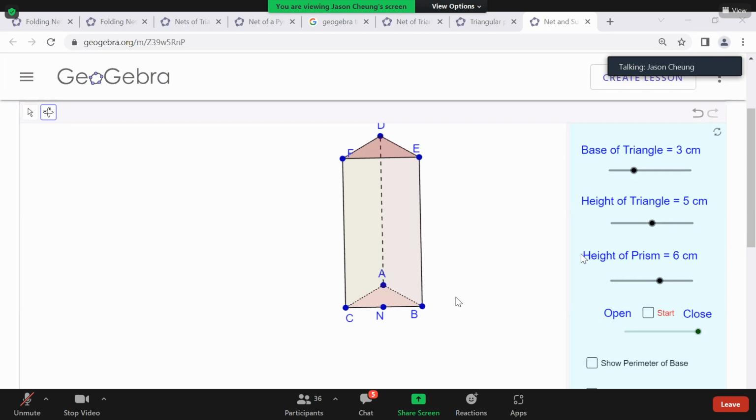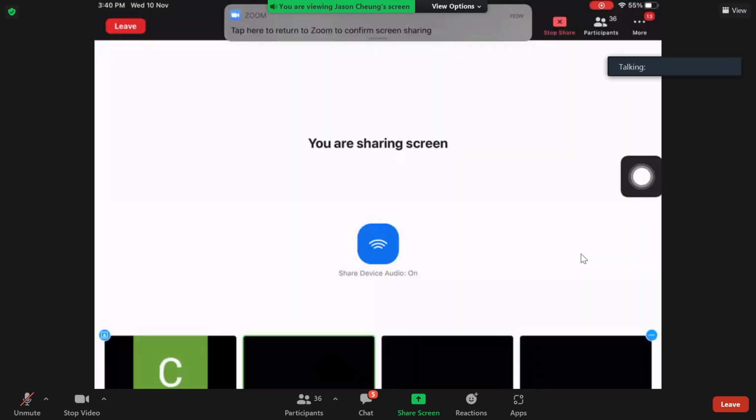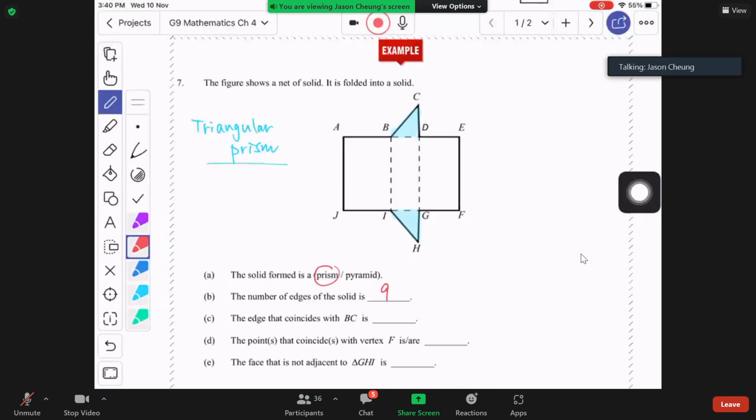And then the edges that coincide with the BC here. Let me stop sharing. All right, we can think of triangular prism 就頭先嗰個啦. And then we can try to think of it like this.